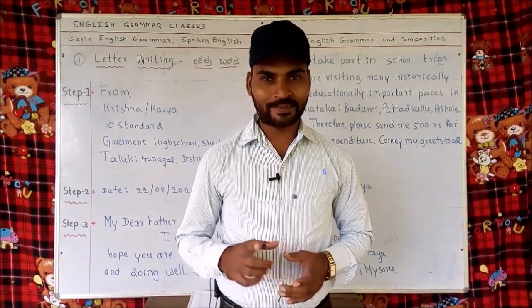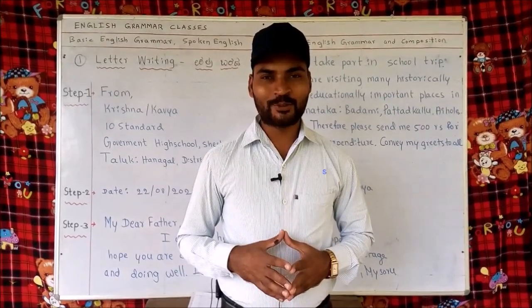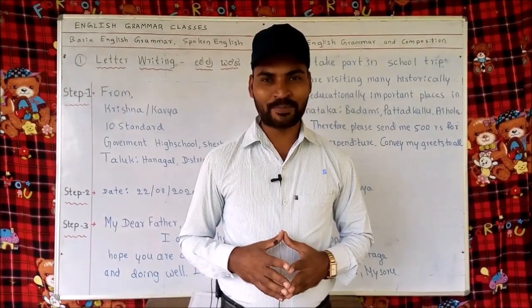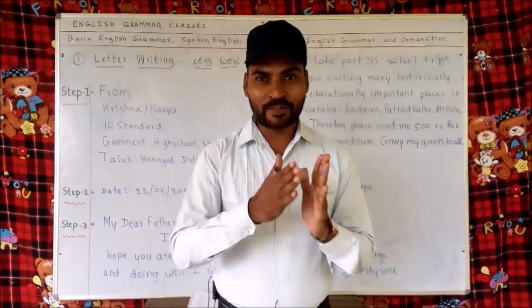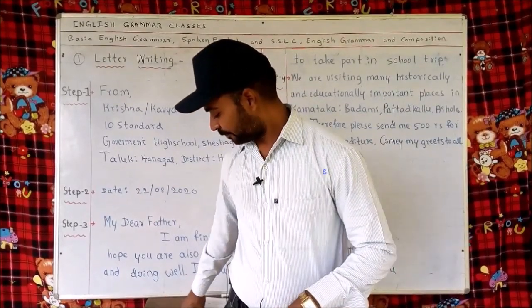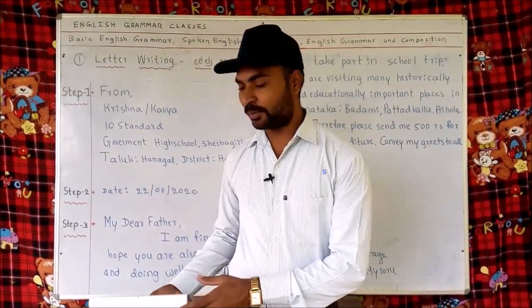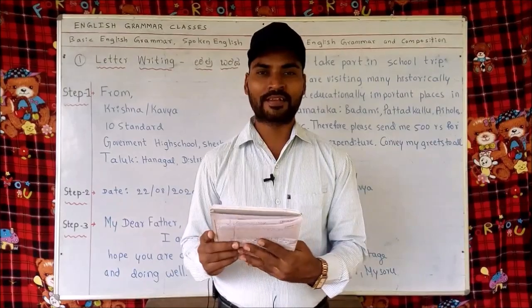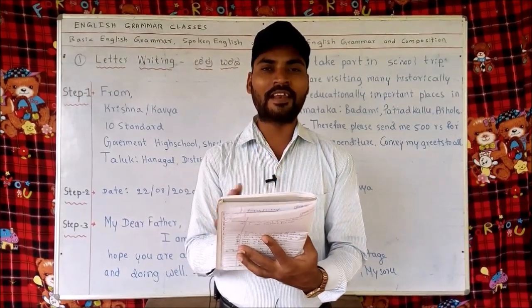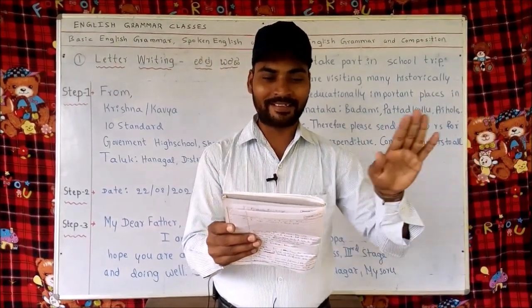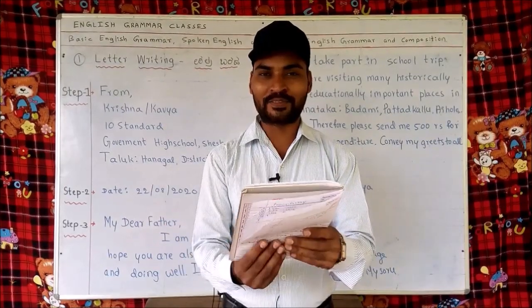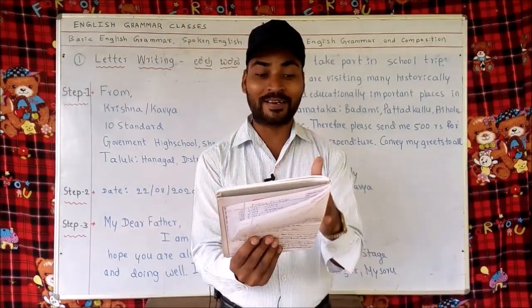While writing a letter, you should keep in mind that we should write all the steps to the left of the paper. See here, if you keep your book this way, all the steps should come on the left side, your left side, not the paper's left side.